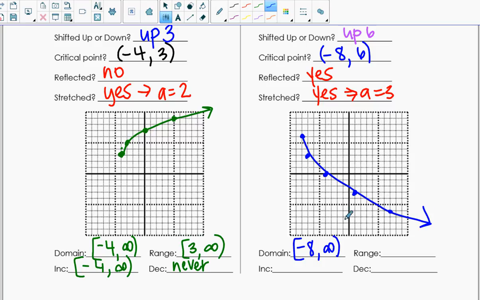Now, this is where people get messed up, because they say my range is 6 to -infinity. This is going down. That means my y's are going to get smaller and smaller and smaller. You always want to write smallest to biggest. So my range is -infinity, and the biggest y value you're going to get here is 6. This is the top of the graph. That's your max point.